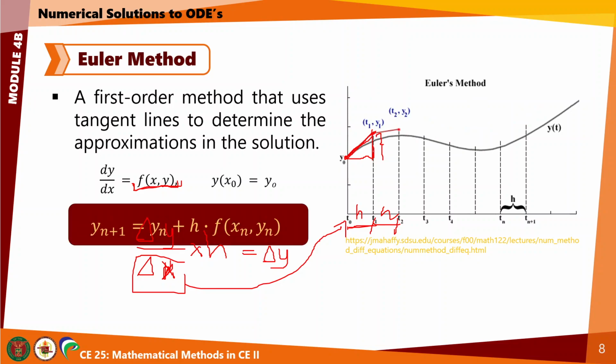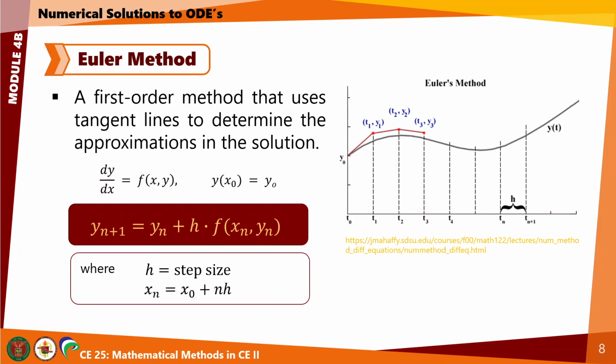Yung y sub 1 or yung next value of your next y coordinate of your next point is basically the y coordinate of the previous point plus yung product nitong h tsaka yung slope ng tangent line at this previous point. Okay, gets naman? So, ito yung pinaka iteration na model na gagamitin natin for Euler method.